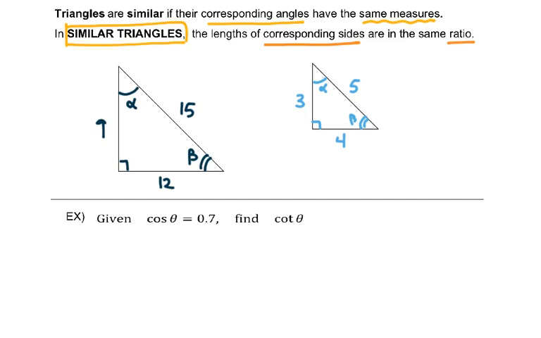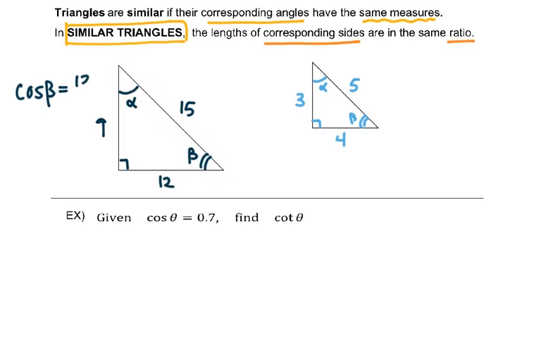Suppose I wrote cosine of beta for each triangle. Cosine of beta on this large triangle is adjacent over hypotenuse. Adjacent to beta, the side touching beta, is 12. The hypotenuse is 15. So cosine beta equals 12 over 15.